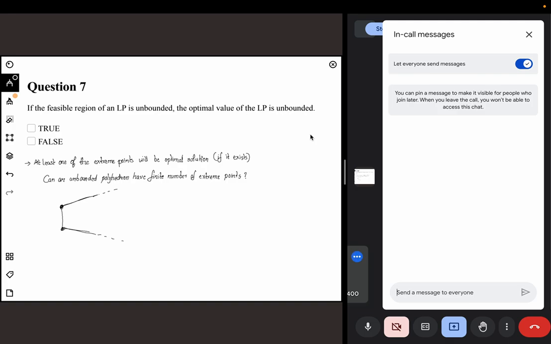These are my extreme points. So there can be unbounded polyhedrons which have a finite number of extreme points, which means if a finite optimal exists, then it can be one of these extreme points. So just because the feasible region of an LP problem is unbounded doesn't mean it doesn't have a finite optimal value. The optimal value can still be bounded as long as you have a finite number of extreme points, right? Is this clear?